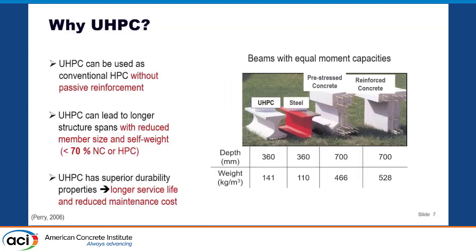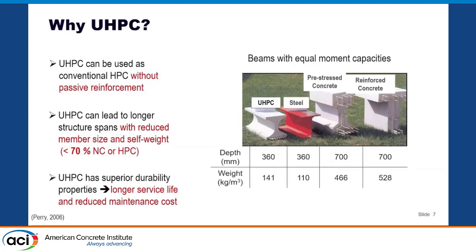It can be used like normal concrete but without passive reinforcement. We can also reduce the structural member size by up to 70%, which contributes to sustainability, low cost, and reduced self-weight.